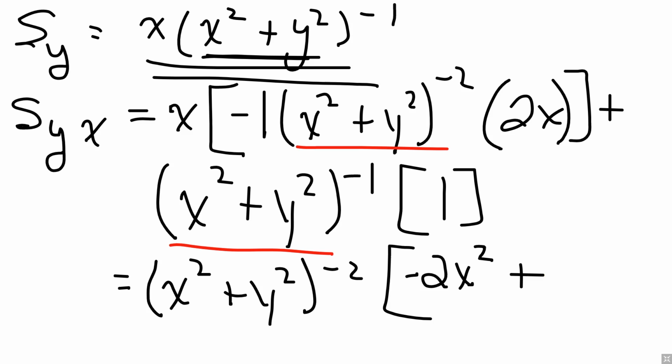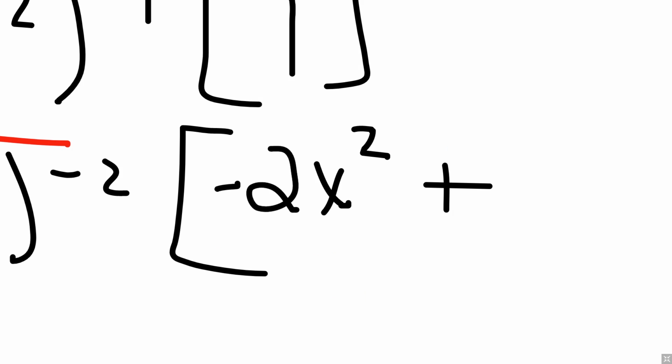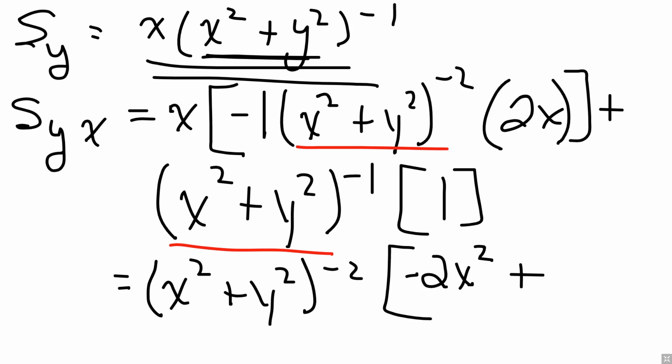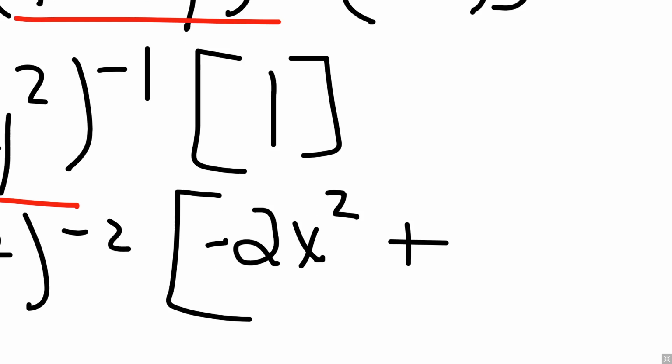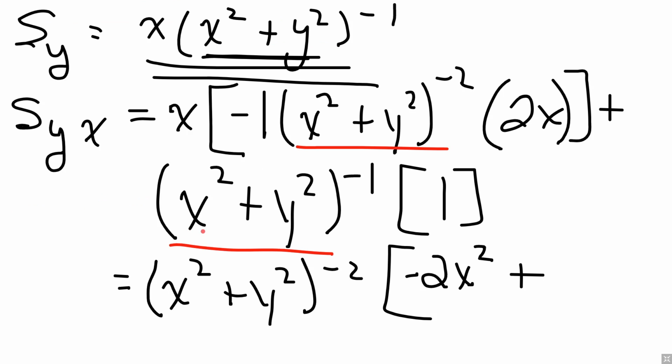Plus, from the second piece, when I factor this out, keep in mind that factoring is basically the division rule for exponents. When I factor out a -2, I'm doing -1 minus a -2, which gives me this expression to the first power. So I'm left with x squared plus y squared.